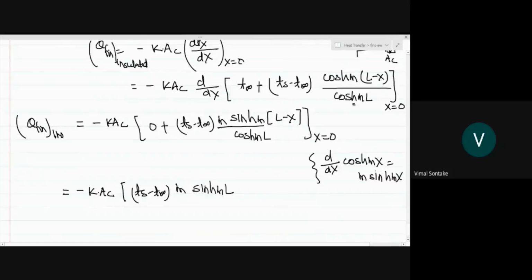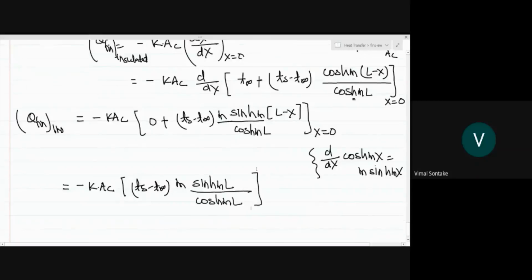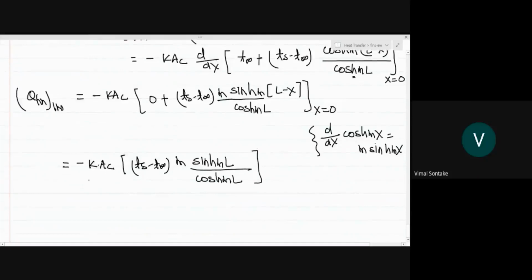So it will become sine hyperbolic ml over cos hyperbolic ml. After simplification, I will get the expression for rate of heat transfer from insulated tip fin.